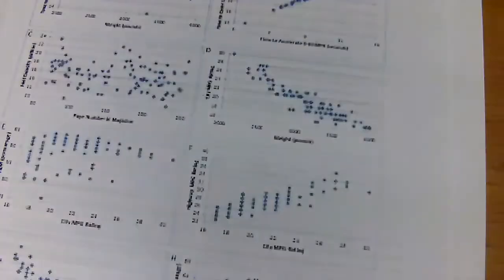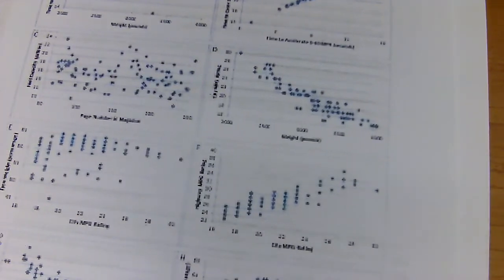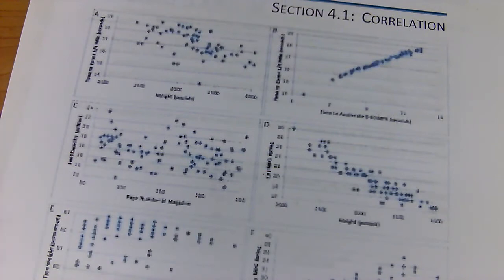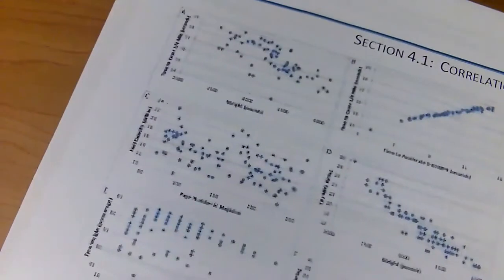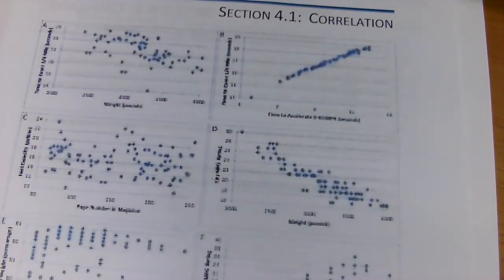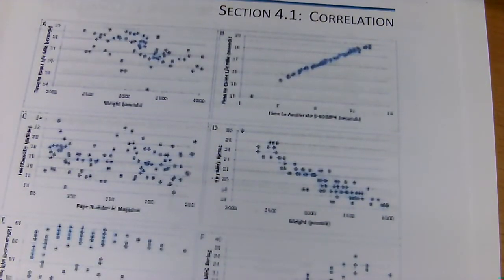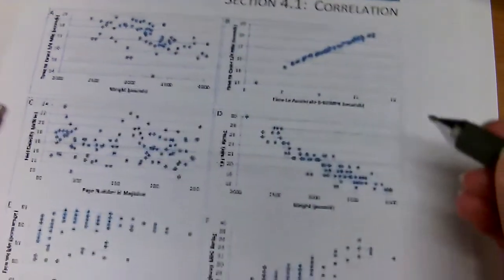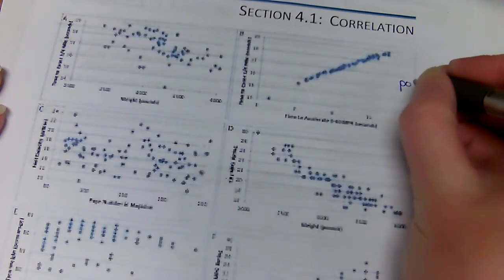So let's look at some pictures and try to talk about what kind of relationship we think this would be, what value we would give it. I've got a whole bunch of pictures here, and I want to talk about what kind of relationships we have. Which ones look like they're positive? Well, this one looks like it's positive.